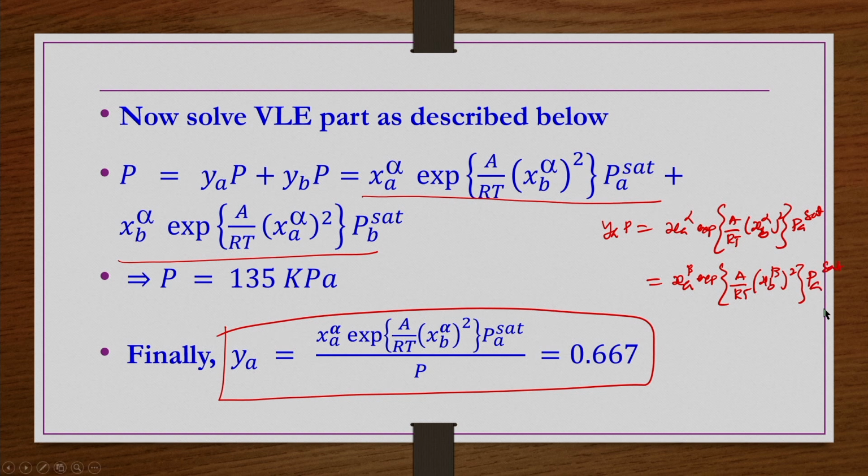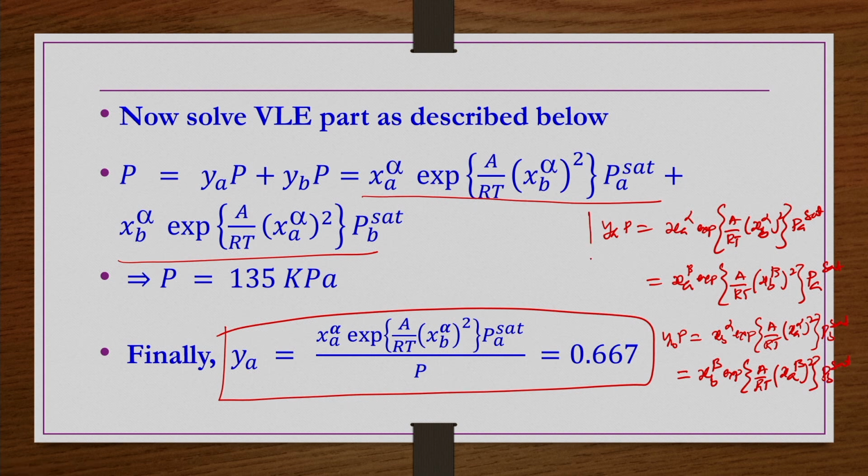This is one equation for component 1, and similarly for component 2, YB P is equal to XB alpha exponential of A by RT, XA alpha whole square, multiplied by PB sat, which is equal to XB beta exponential of A by RT, XA beta whole square, multiplied by PB sat.